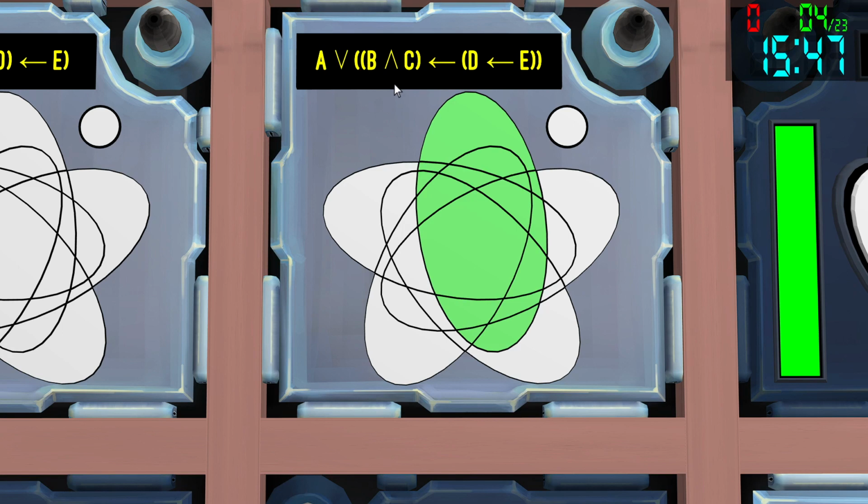So now we can actually think about it here. Let's think about it. The ultimate operator here is implied by. So that means that if this were false, it'll always equal true, no matter what. So we need this to be false. The only way this could be false is echo being true and delta being false.